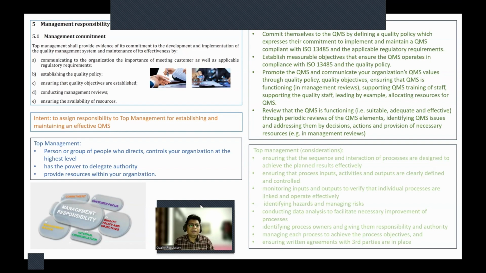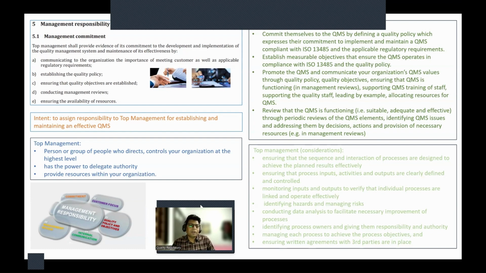How can they communicate? There may be various ways, such as talks or displaying policies, like the quality policy. The quality policy is something where they imbibe customer satisfaction and regulatory requirements.